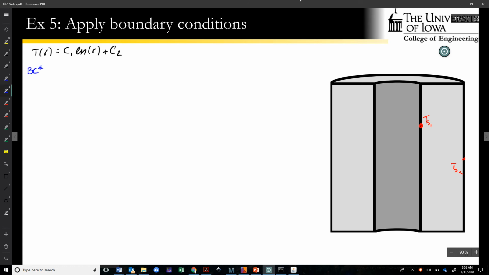So boundary condition number 1, we get T of r at r equals r1 is equal to Ts1, or C1 ln r1 plus C2 equals Ts1.